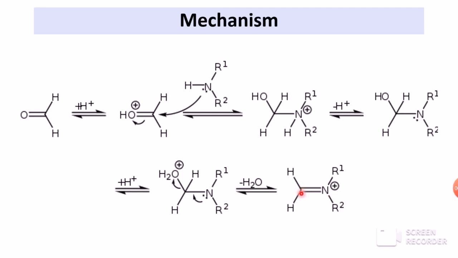The double bond between the carbon and nitrogen results in the formation of a Schiff base. When carbon and nitrogen have a double bond, the compound is called an imine or Schiff base.